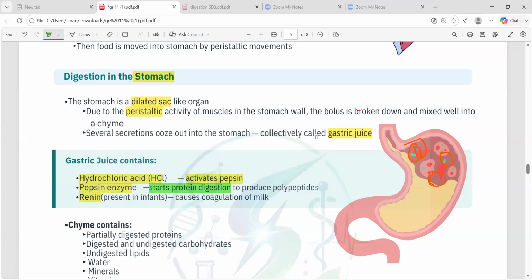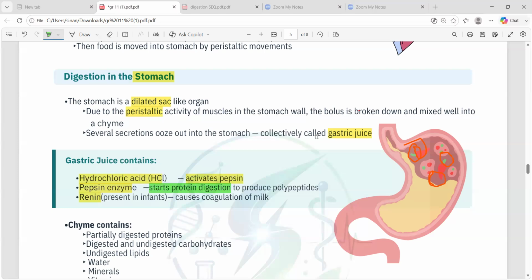Digestion of protein starts at the stomach. Where does the digestion of carbohydrates start? Very good. It starts at the mouth, but digestion of the proteins starts at the stomach.